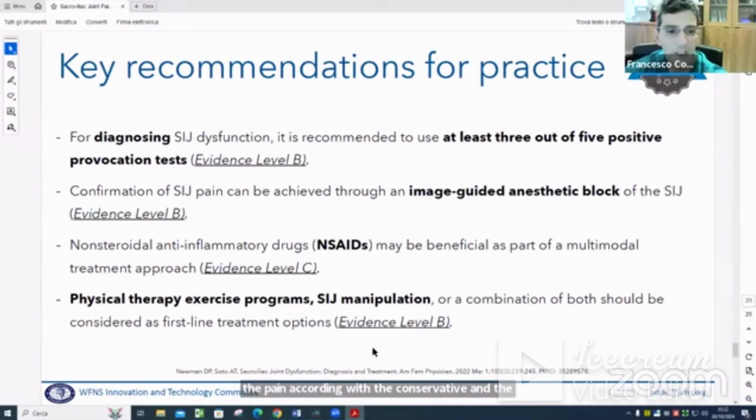And again, the physical therapy exercise program and sacroiliac joint manipulation are part of the conservative treatment, and the evidence is pretty good with a level B.